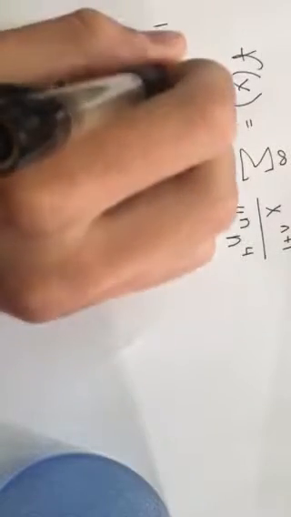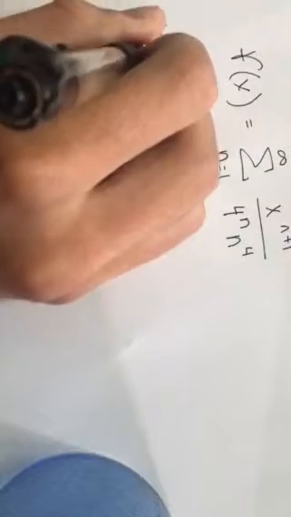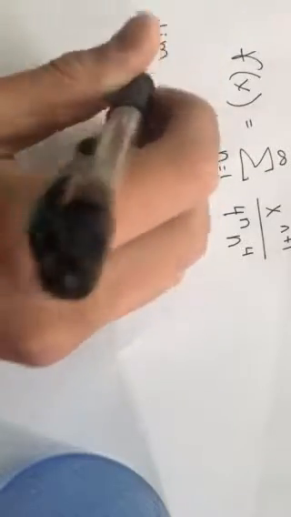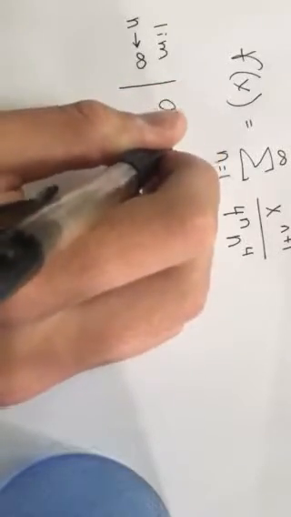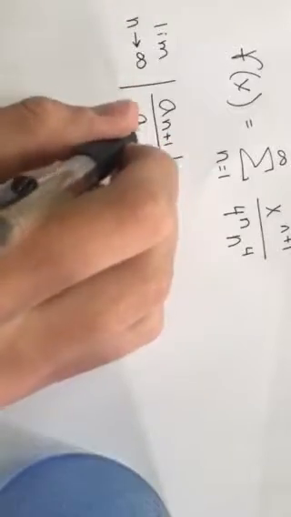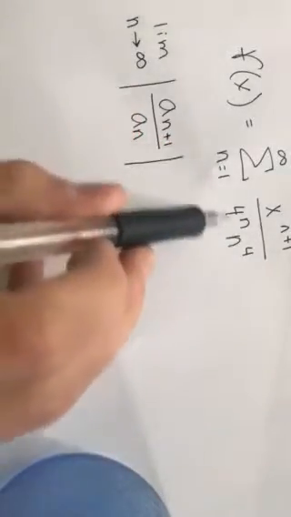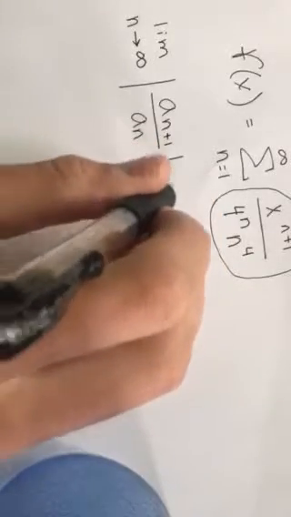Alright, so if you remember the ratio test, this is the format for that. And remember that this right here is a sub n. So let's start working it out.